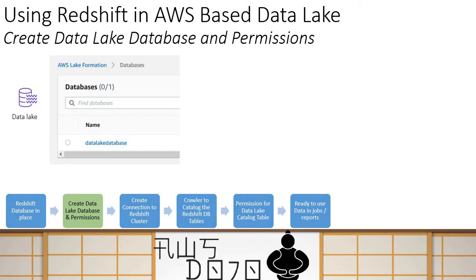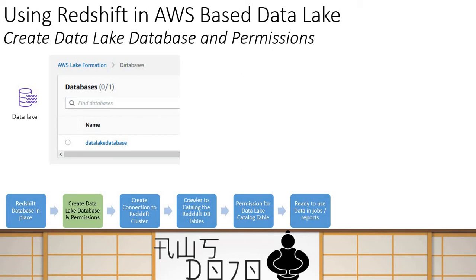Suppose your Redshift database has got 500 tables. You might want to catalog those 500 tables into this data lake database so that people can come to the data lake, browse through the catalog and see what data is available. And they can access it also in their jobs and reports that way.